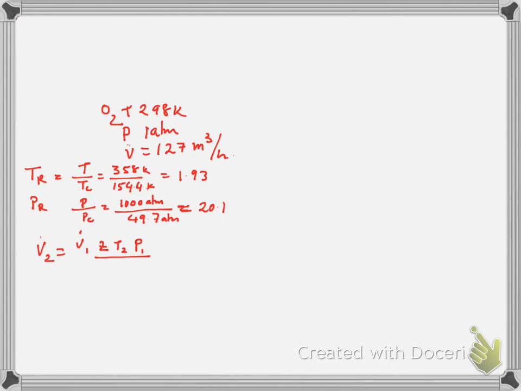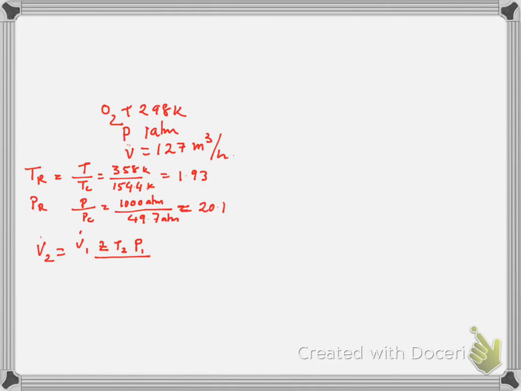That's the assumption that we are making here, that the inlet condition, which is 298 Kelvin and 1 atmosphere, is good enough for the ideal gas equation, which means Z equals 1.